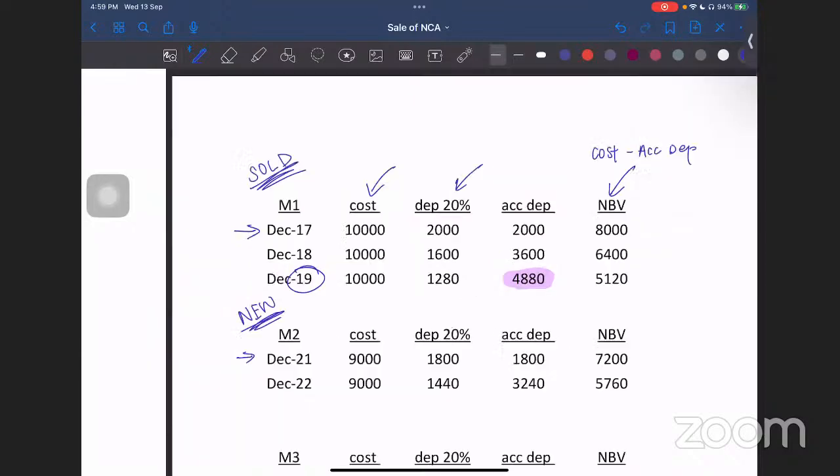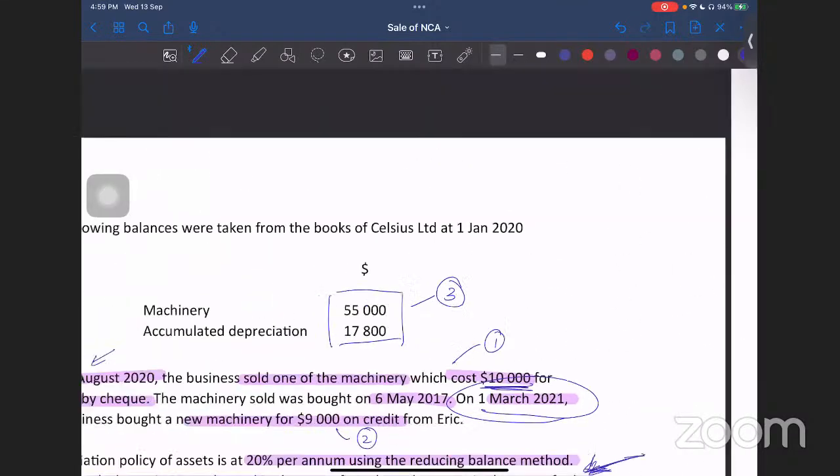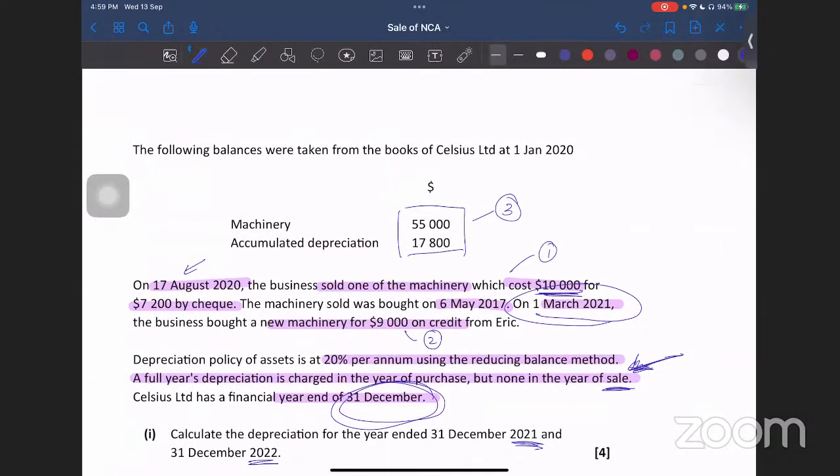Lastly, this one will be a little bit complicated, but if you keep practicing, it is actually quite simple. The last one is the existing equipment, which is the one over here. These figures are for this date, 1st Jan 2020.